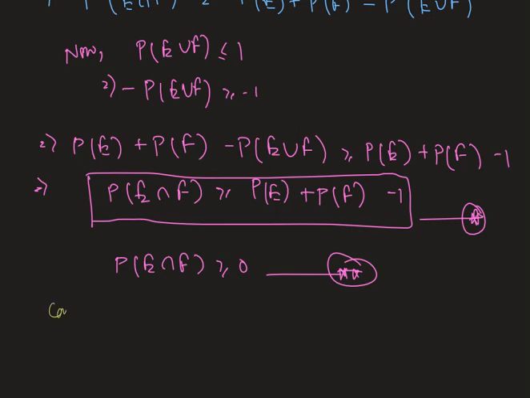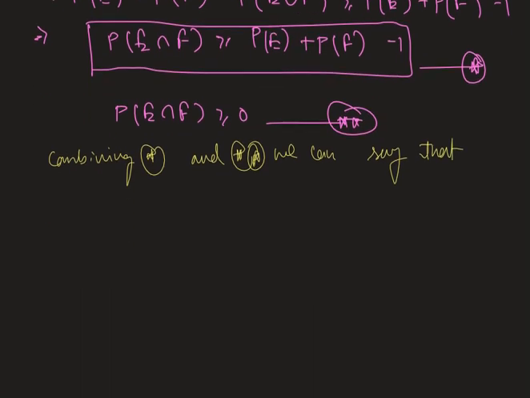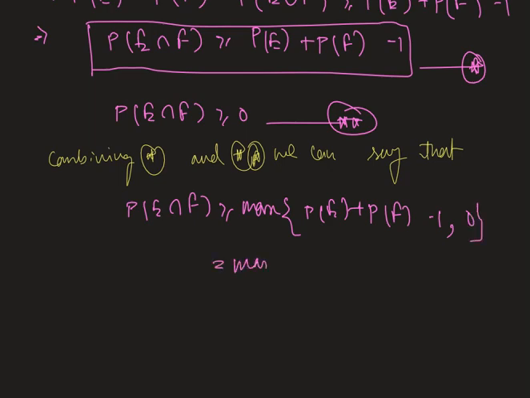Now combining star and double star, we can say that probability of E intersection F is greater than equals to maximum of probability of E plus probability of F minus 1, comma 0, or we can write maximum of 1 minus probability of E complement minus probability of F complement, comma 0.